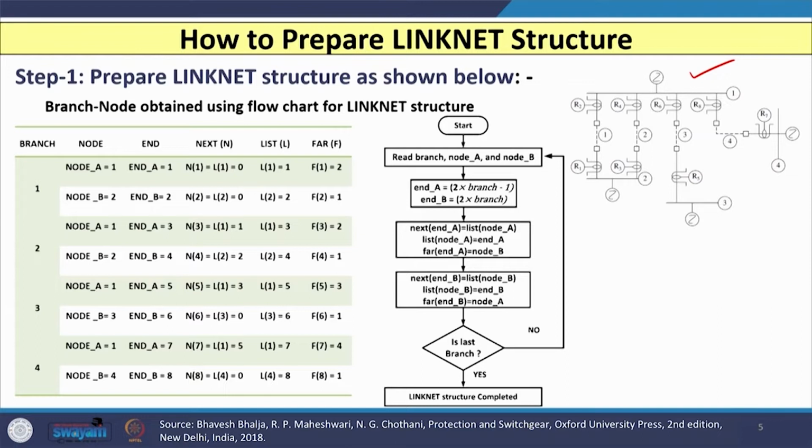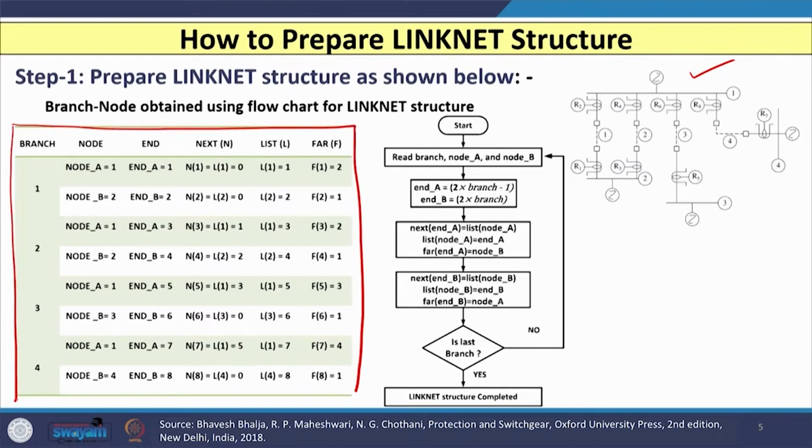Here we have to prepare this table, known as the branch node table, using this flow chart, that is algorithm 1. Now, let us see how we can achieve this.